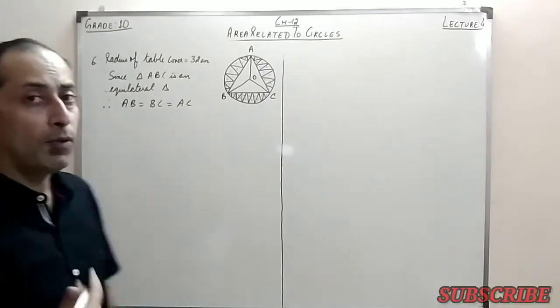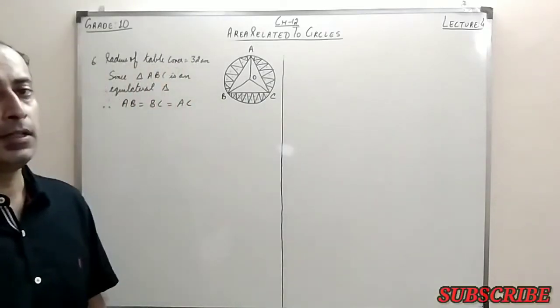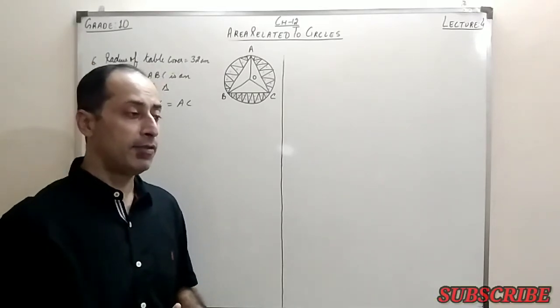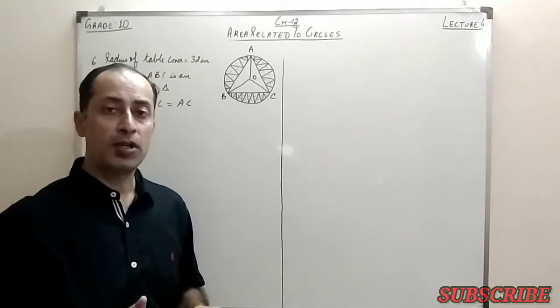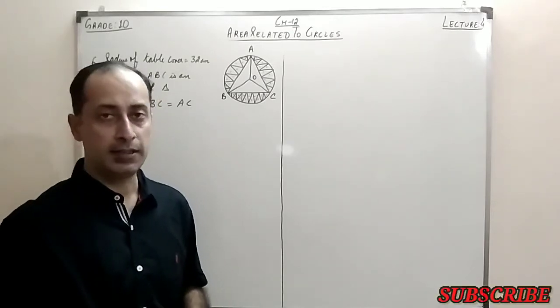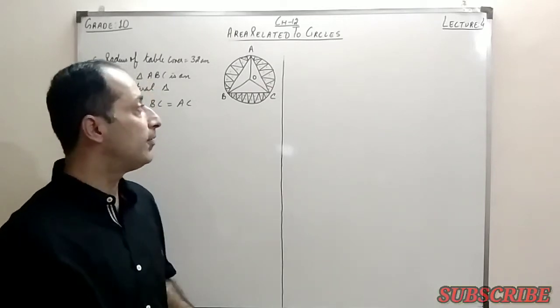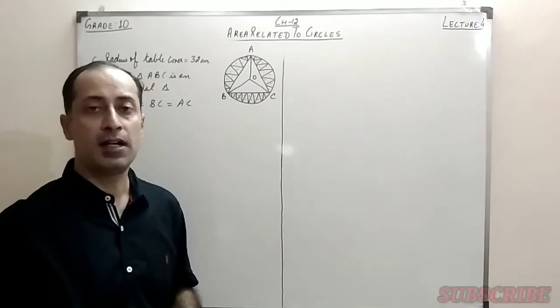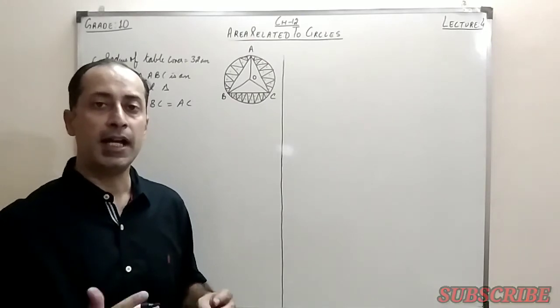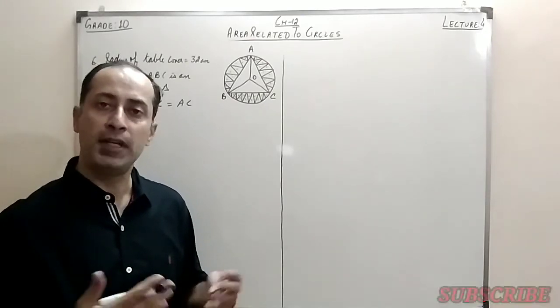But the more important concept comes here. We have learned in our previous class, in 9th grade, that if the 2 chords are equal, then they subtend equal angle at the center. And we can see carefully, AB, BC and AC are 3 chords of a circle, and all the 3 are equal. That is why the angle which they form at the center would be equal.